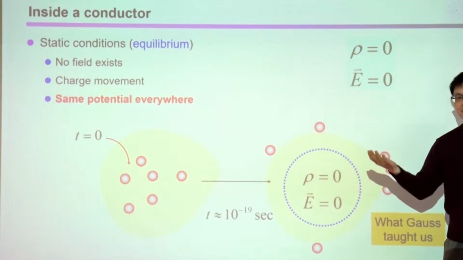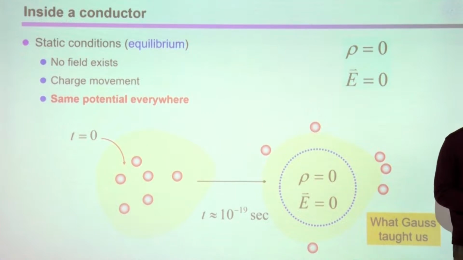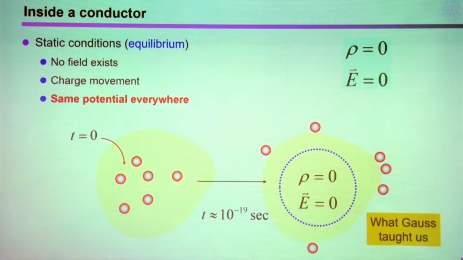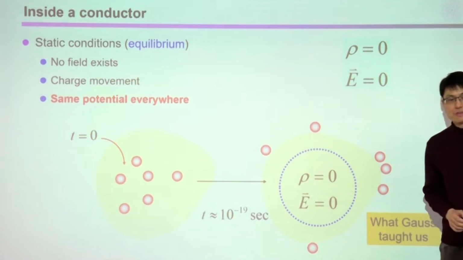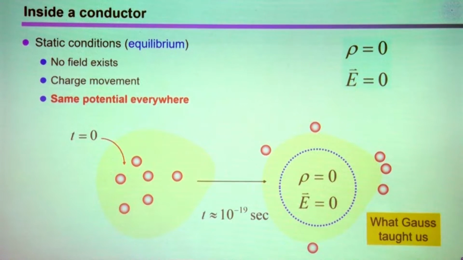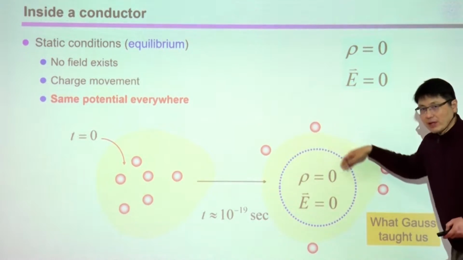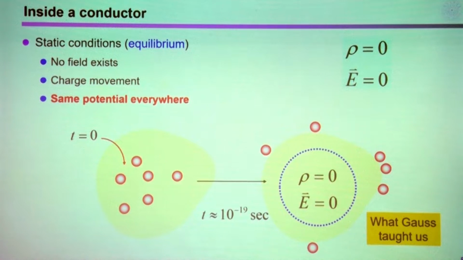If you cannot have fields, you cannot have charge distribution. All right. So this is the sequence. Based on our understanding, we don't have potential difference. Then we don't have fields. We don't have charges. Okay. So that's exactly what Gauss taught us. So inside, if you don't have field, you don't have charge.